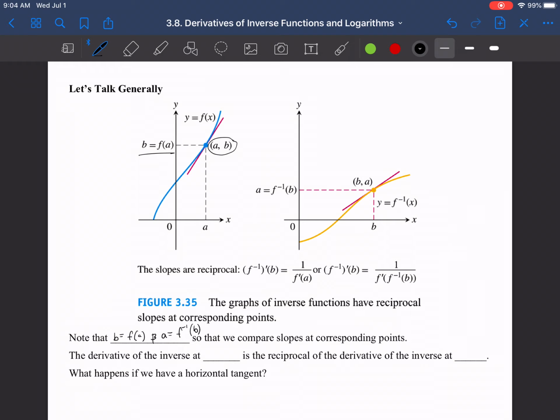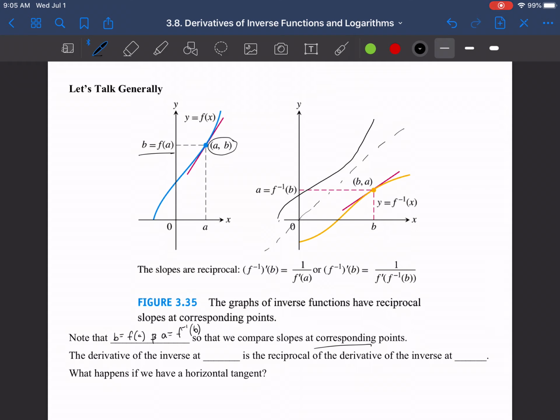All right. So we're not comparing slopes at the same point, we're comparing slopes at corresponding points, because of that reflection across the line, across this, right? Here's our y equals x. We end up with this blue line like this.